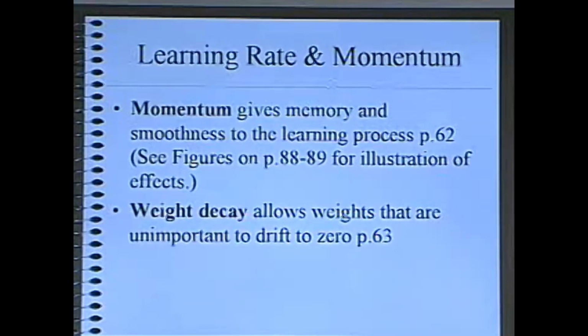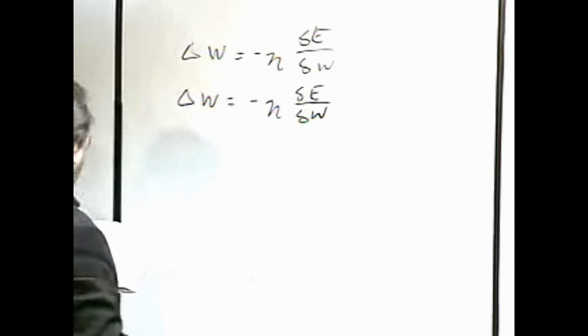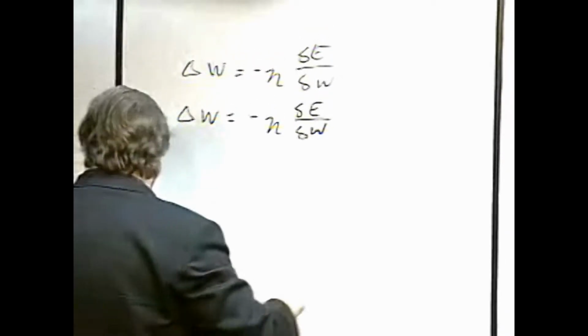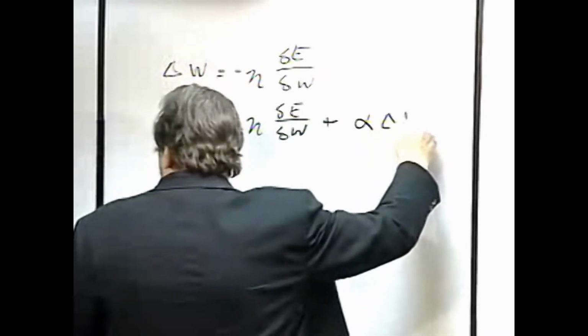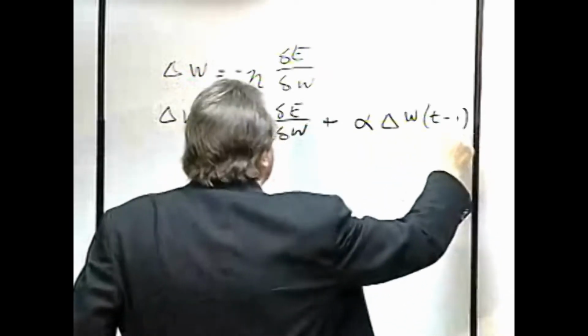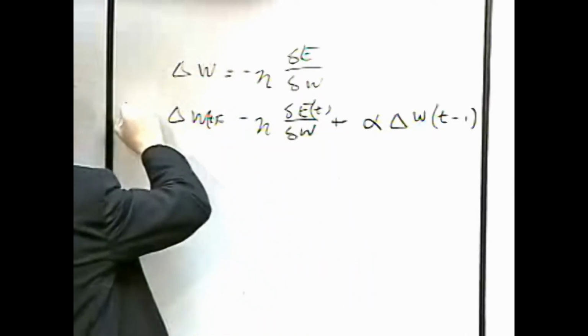With momentum, it's exactly the same thing. That is, we have a step size, plus we want to make sure that we step in the same direction as we stepped in the previous step. In order to do this, we're going to add on another parameter. And let's see, I should put t here. t is the iteration number.